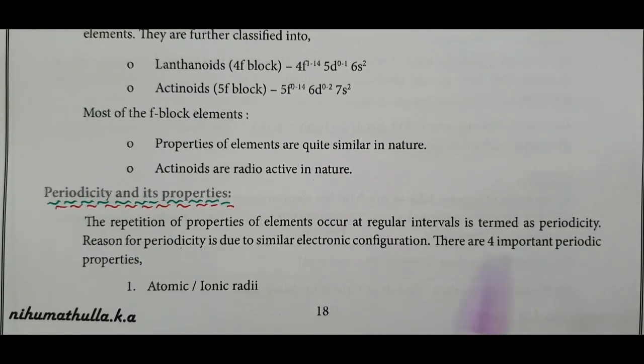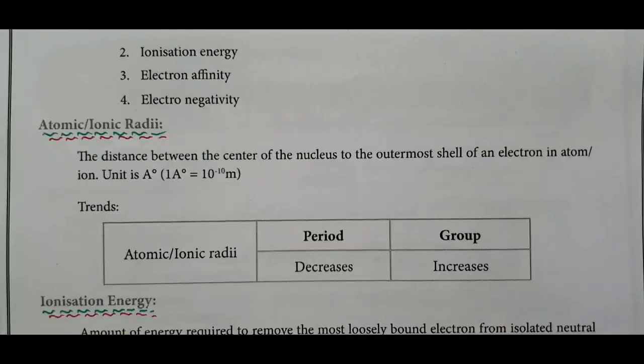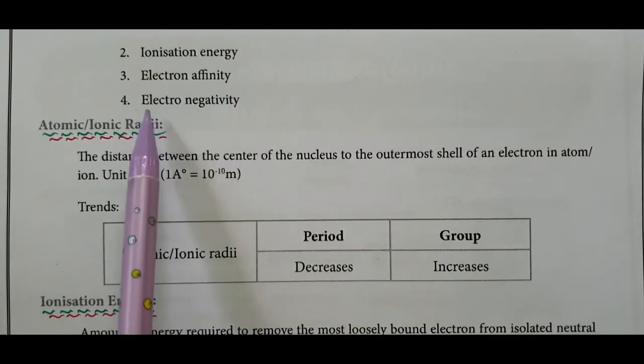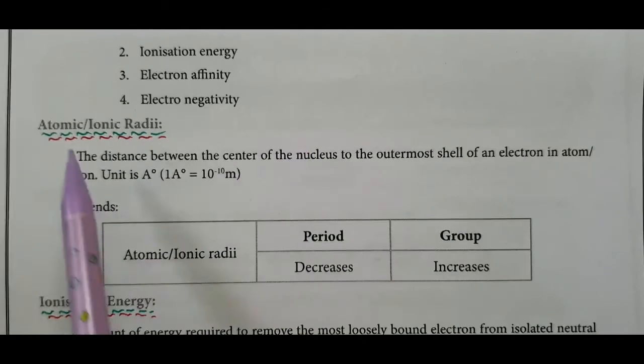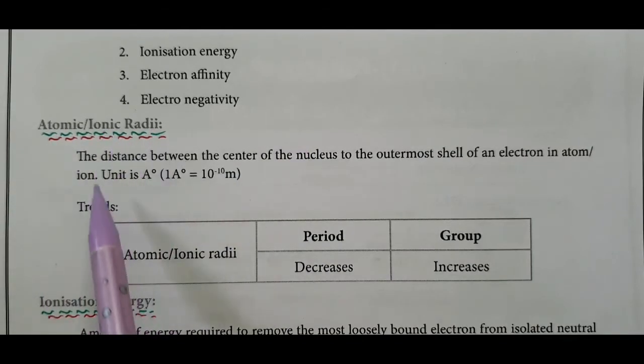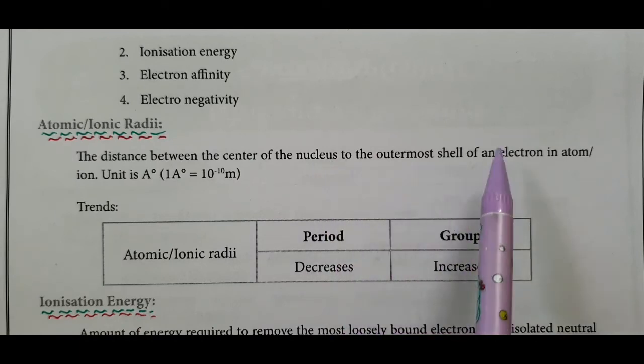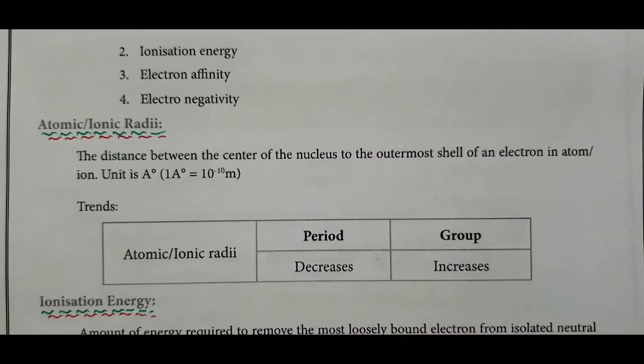There are 4 important periodic properties. They are atomic and ionic radii, ionization energy, electron affinity, and electronegativity. Atomic and ionic radii. The distance between the center of the nucleus to the outermost shell of electrons in an atom or ion is called atomic radius.